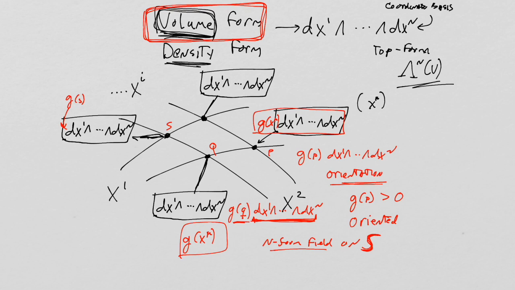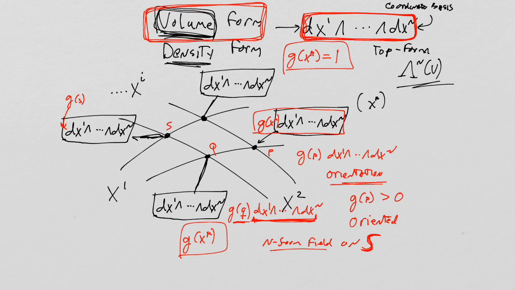But the way we almost always do that is we take g of x mu to equal 1 everywhere. It's a constant. And this object here becomes what we call the volume form. I also like to call it the density form, which is a little bit ironic because volume and density are opposites of each other. There is a reason for this.